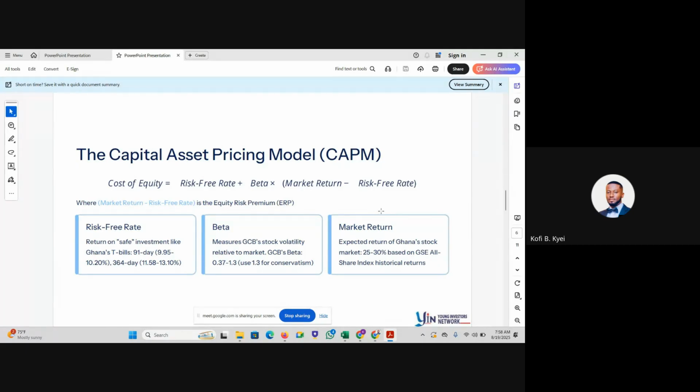However, when you do your sensitivity analysis and you reduce market return to 25, this is how the result will be. If you decrease beta to, let's say, 1.2, this is how the figure will be. If you change the risk-free rate to a certain figure, this is how it should be. So you have to be dynamic in your calculations.